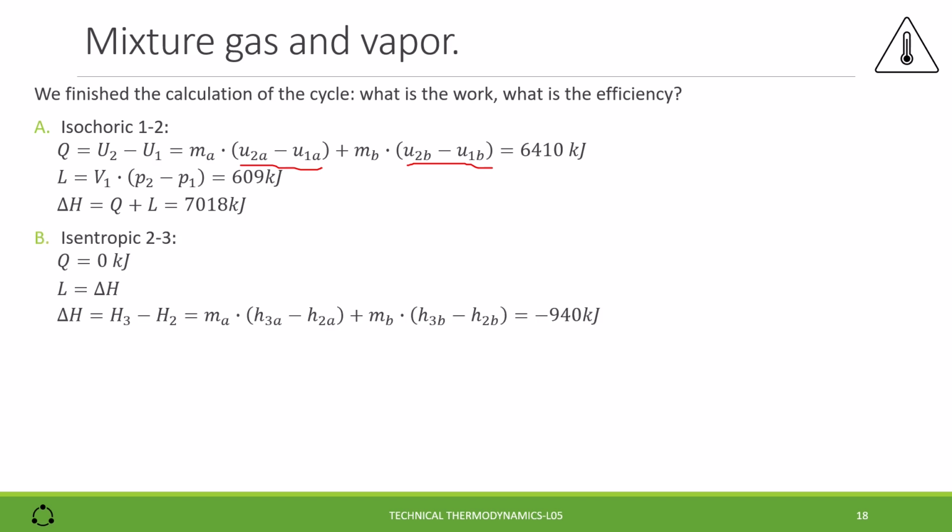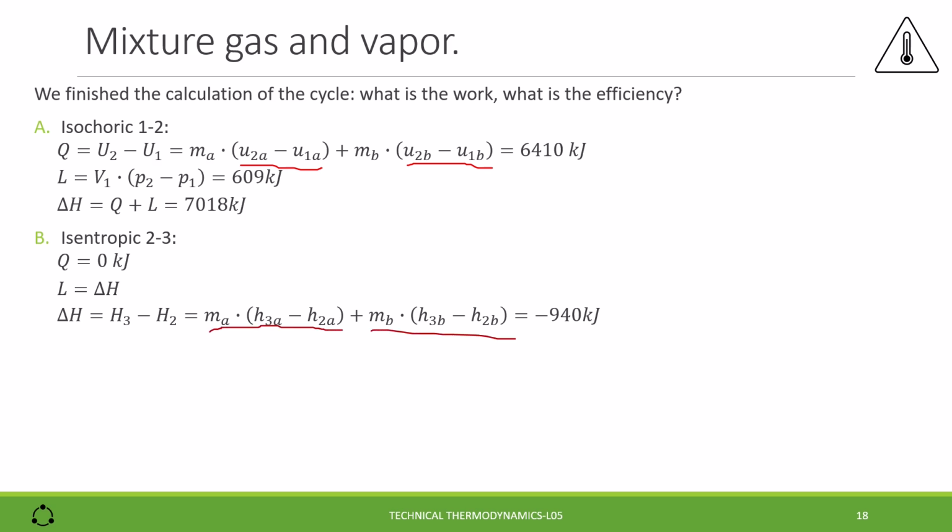For the transformation B from the state 2 to the state 3, the transformation is isentropic, so the heat is 0. The technical work equals the differential enthalpy, and the differential enthalpy we can find with this formula, where we have 2 parts.